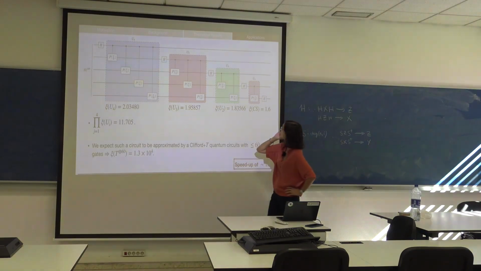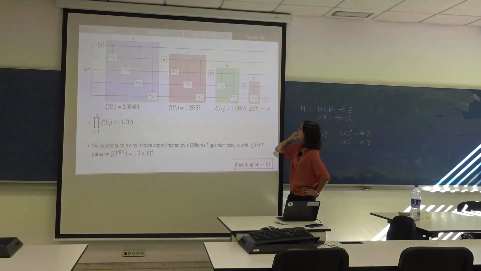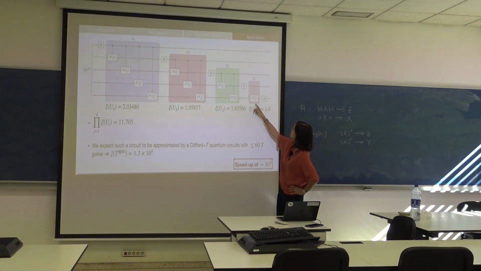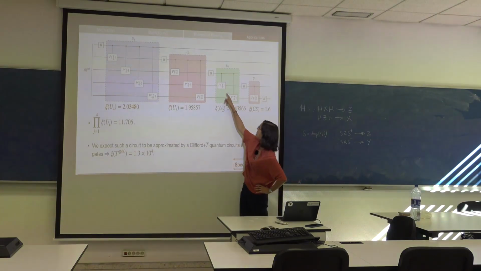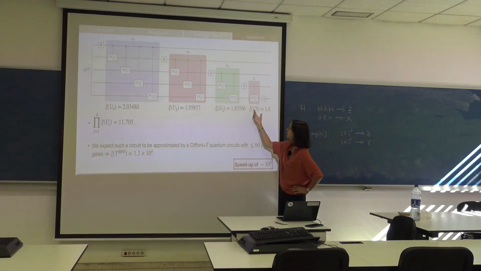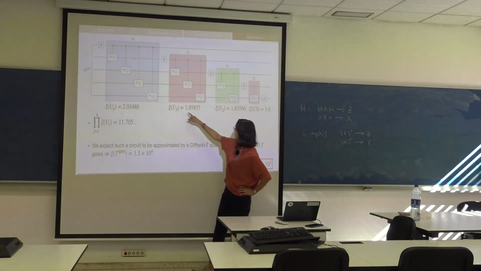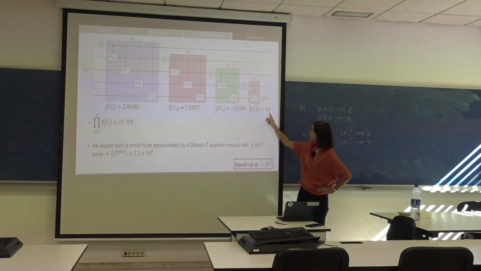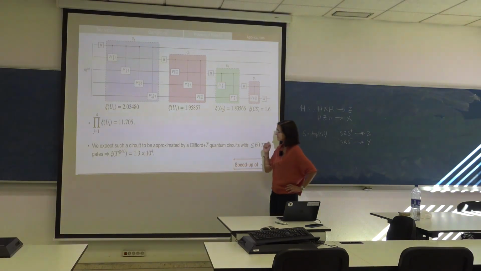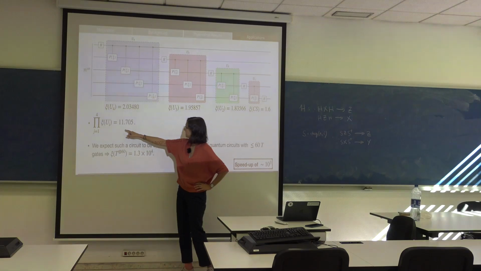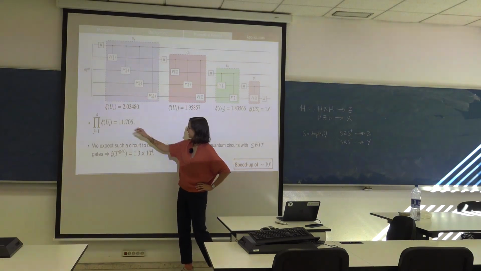While before we would have to find the decomposition of each of these gates individually, now we can decompose each of the blocks together. We just combine and decompose each block. You see here the stabilizer extent for each of these blocks, and if we take the product of the extents, we get something like 11.7.